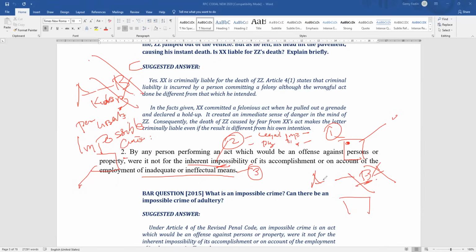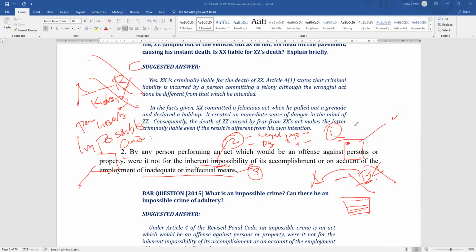Si A gustong patayin si B. So naglagay siya ng substance, believing that that volume is enough to kill B. Pero ang volume pala na kailangan, this much, and that is unknown to A. There is, in this case, employment of inadequate means. If A knew at that time that it is inadequate, then forget about the application of impossible crime.